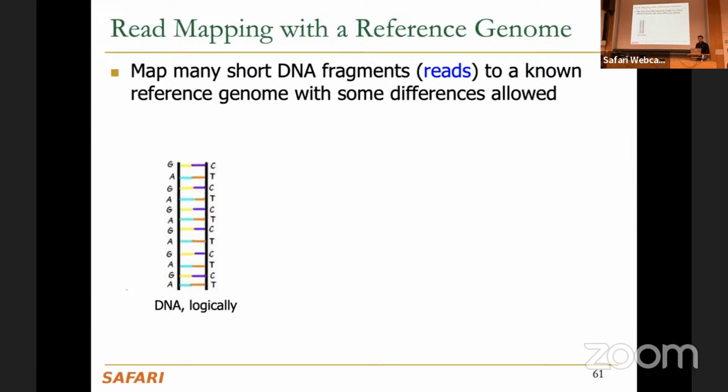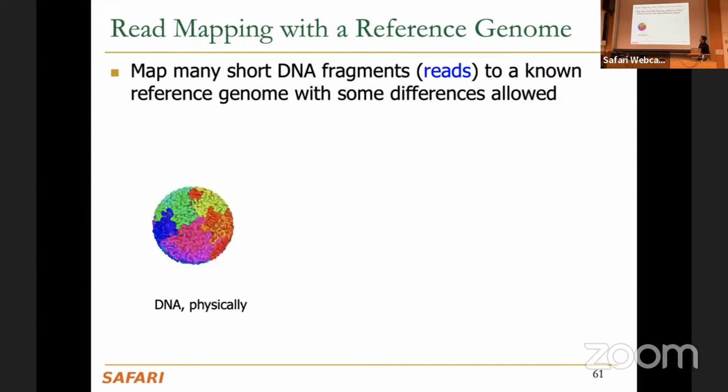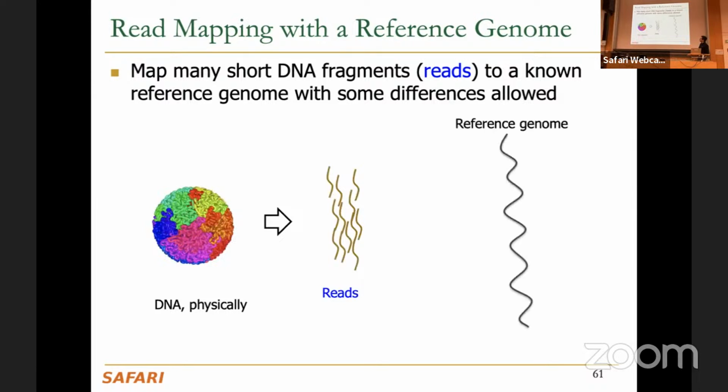If you want to look more closely at how we perform the mapping, or the puzzle solving of the reads, this is how the DNA logically looks. This is how it physically looks. But initially, what we have is a bunch of reads. And our goal, given this reference genome, is to identify where each of these pieces is coming from, and also identify their exact alignment and exact changes compared to those regions.